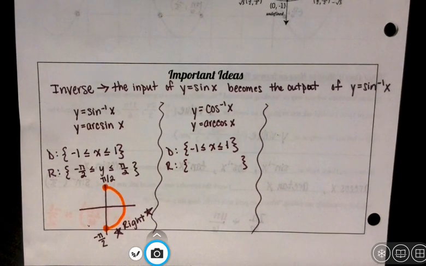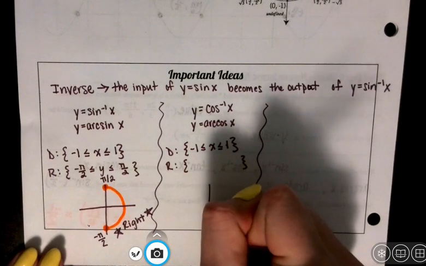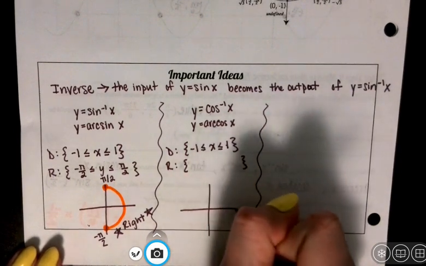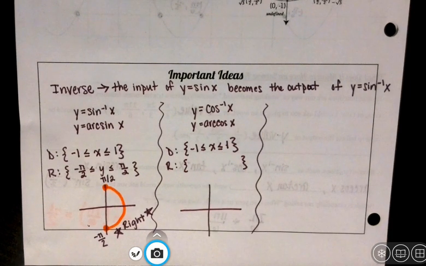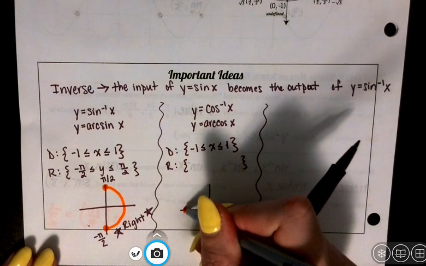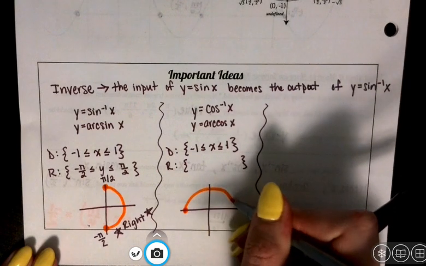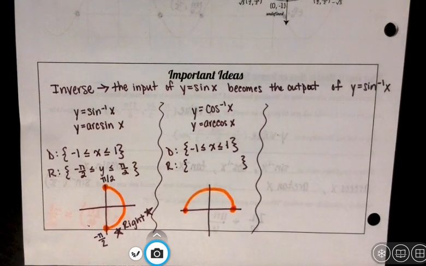So for arc cosine, it's a little different. We can't restrict it to the right side of our unit circle because the right side, the cosine values are duplicates, and so we can't have the same as this one. So for arc cosine, we are actually going to restrict it to the top part of our unit circle.